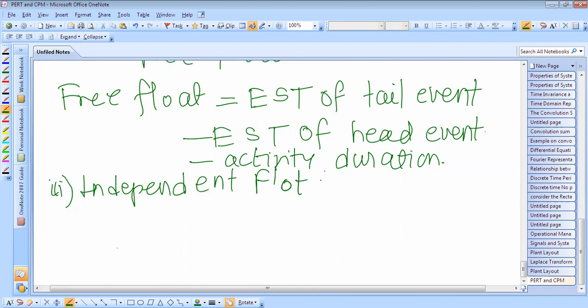So independent float can be used to advantage if one is interested to reduce the efforts on a non-critical activity in order to apply the same efforts on the critical activity. Thereby, it reduces the project duration.